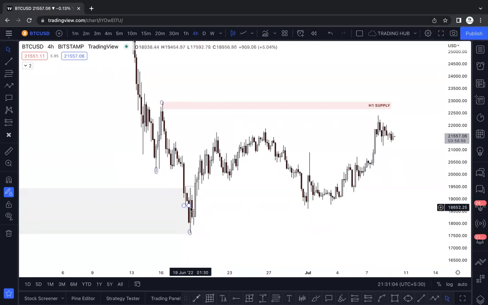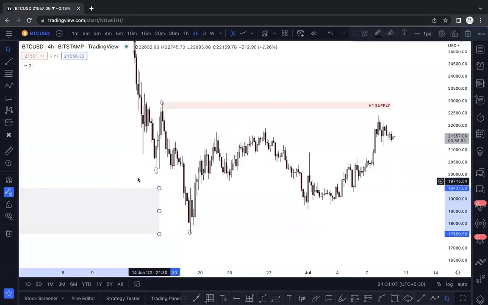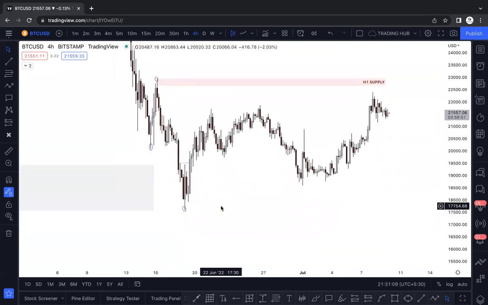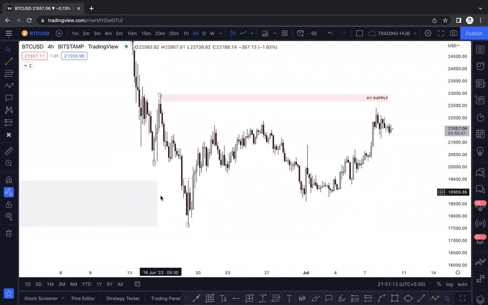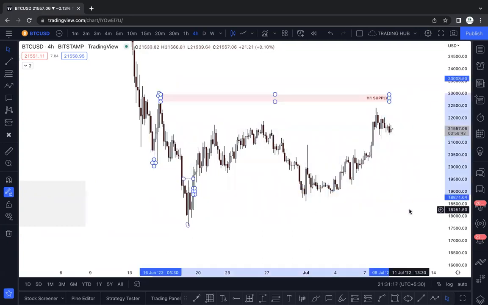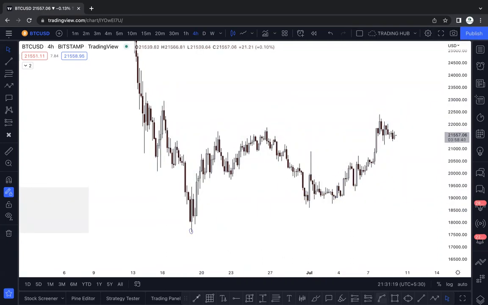First, delete this thing. Actually, in the 4 hour, market is still not creating any lower low. Why? Because market did not take any high, if you are looking from the perspective of the 4 hour, correct? You can see here, this is a low and this is our lower high. I'm talking about this minor structure.